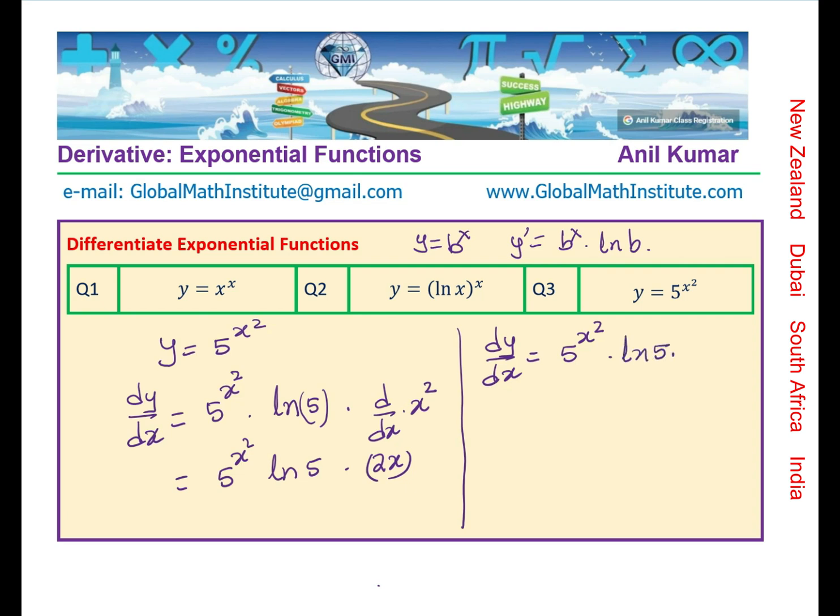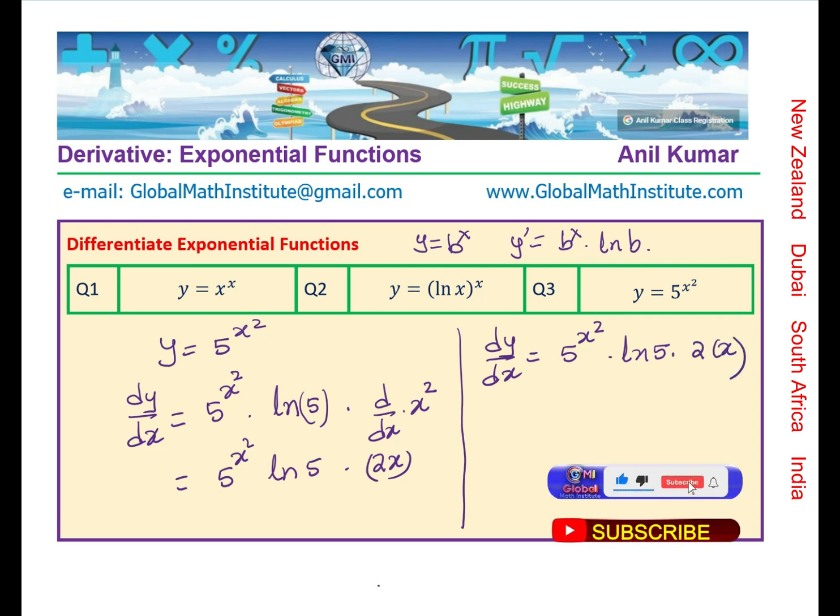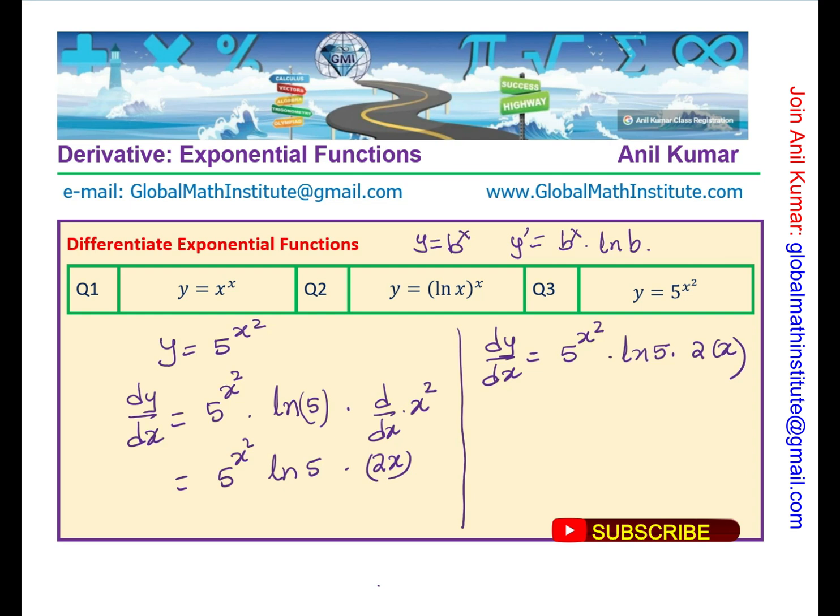And 2 is also a constant. That would be fine. So that becomes the final derivative for the third part where we have directly applied the rule. I hope it makes sense.